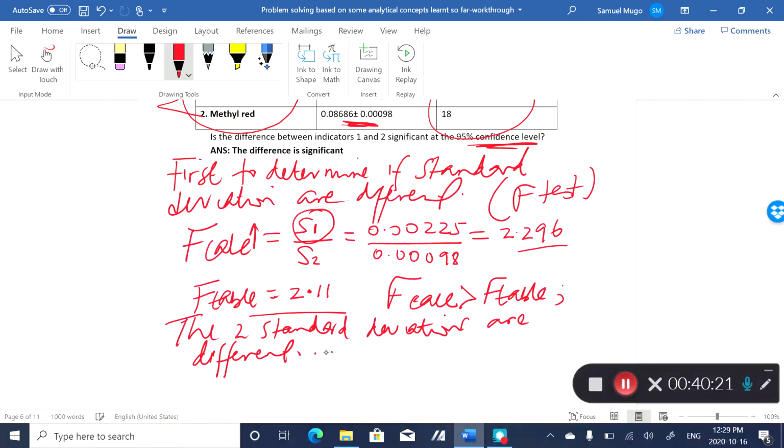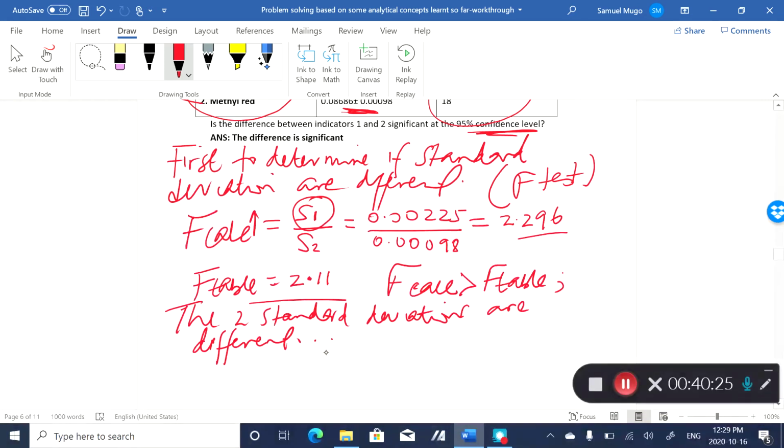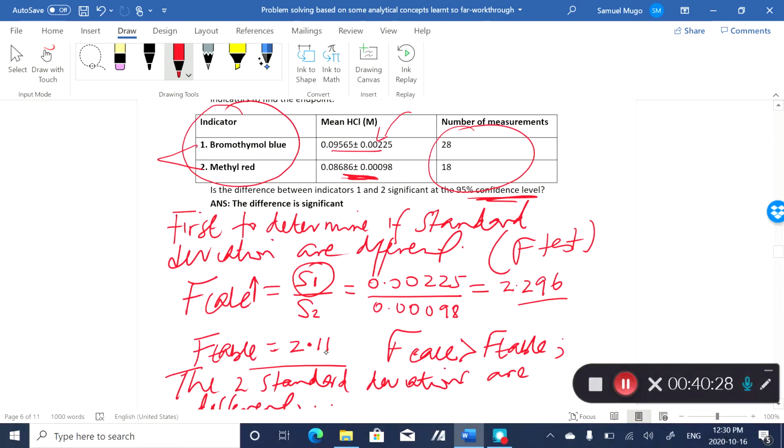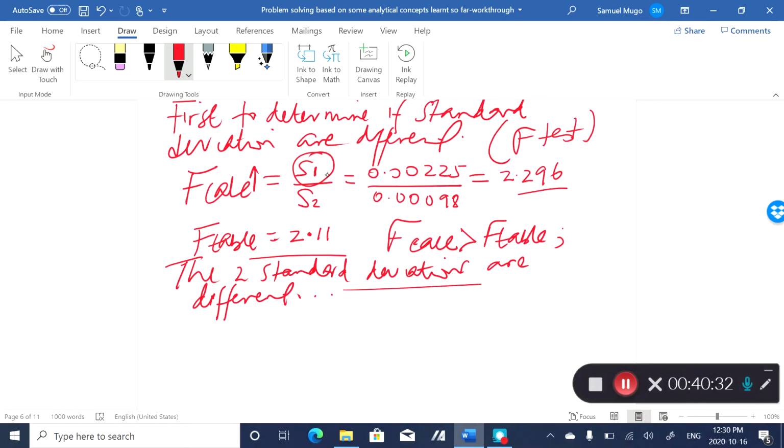So meaning you'll be forced to use a different type of calculation to determine if these means are different. Because the standard deviations are different, this means we cannot pool the standard deviations.